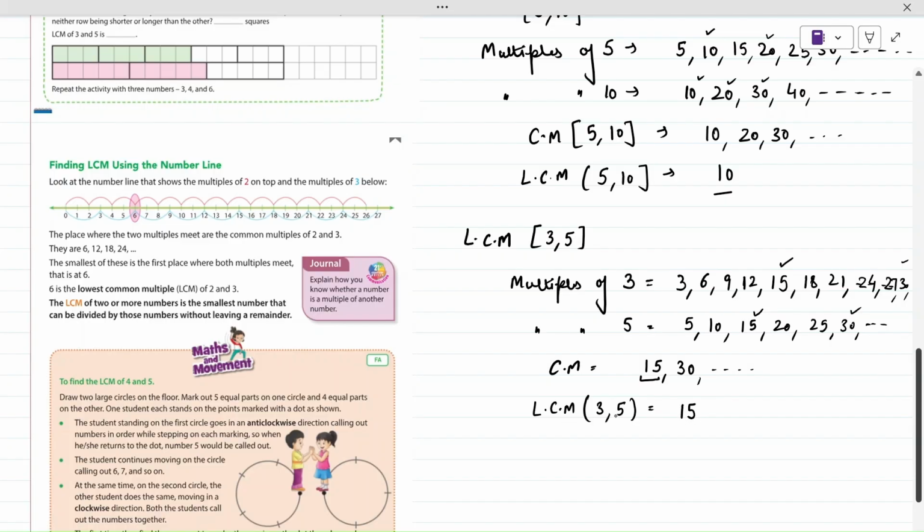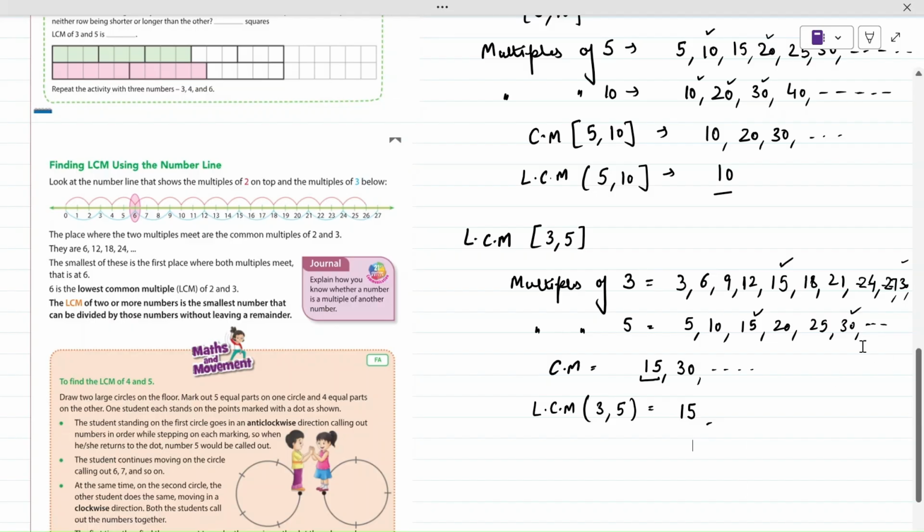So the LCM of the numbers 3 and 5 is 15. So this is one method to find the LCM: find the multiples, then the common multiples, and then from the list of the common multiples, just pick the lowest one, which is the LCM itself.